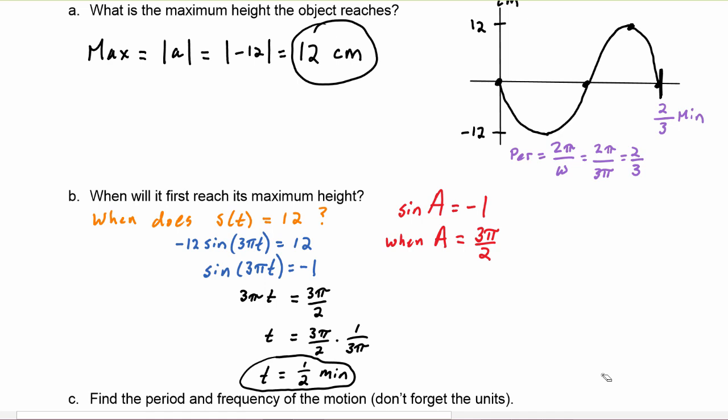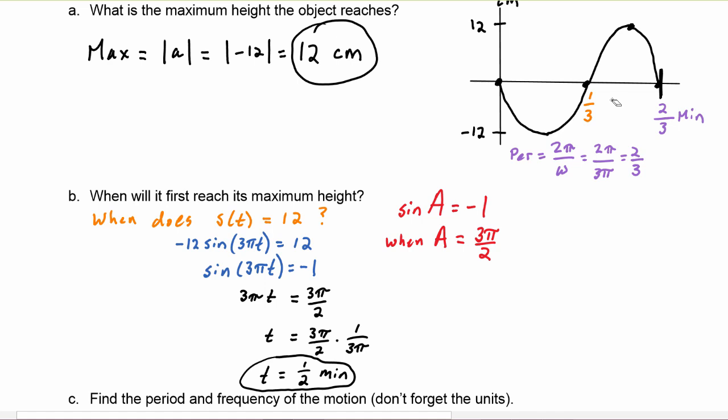Now there's a second approach we could have used to solve part B in finding the maximum height. We could have turned to the graph that we sketched earlier. We know that it starts at 0 and the cycle ends at 2/3 of a minute. So then easily we could find the midpoint because it would just be half of 2/3, which is 1/3.